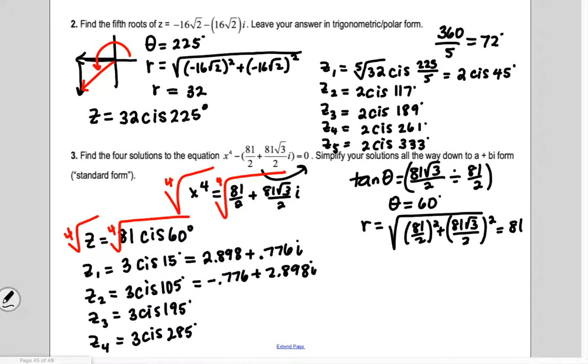And then it continues. So you're going to do 3 cosine of 195 and 3 sine of 195. So I get negative 0.77. Oh, no, wait, that's not the first one, is it? It's the second one. I did them both. Okay, so I get negative 2.898 minus 0.776i. And then the last one.